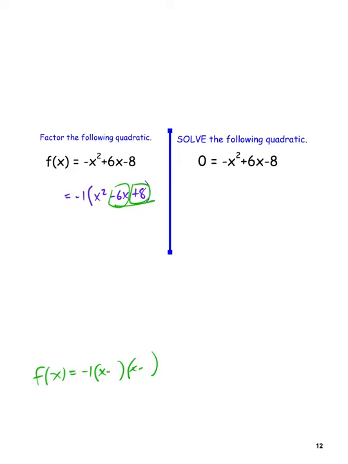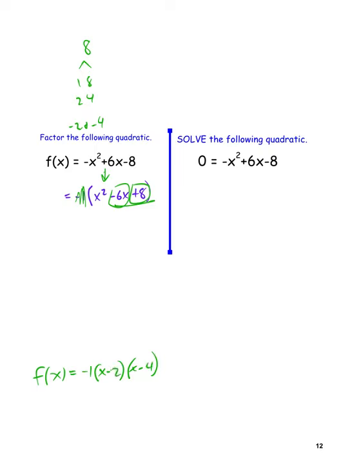Again, that negative 1, once I went through this step here, now I'm basically just forgetting about it for now. So what if I look at the number 8? It's 1 and 8, or it's 2 and 4. And I need both of them to be negative, and so negative 2 and negative 4 would do the trick for us.